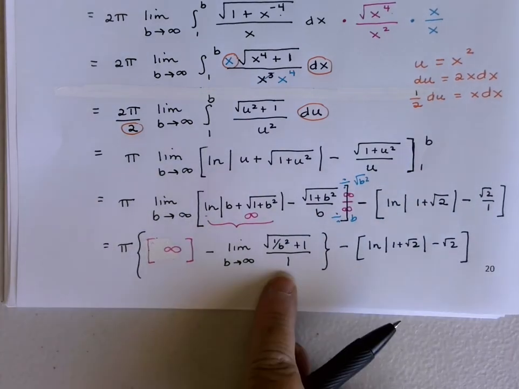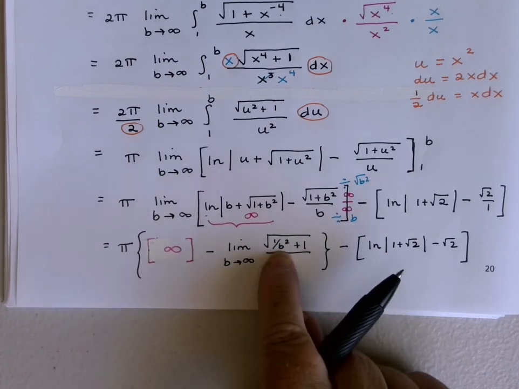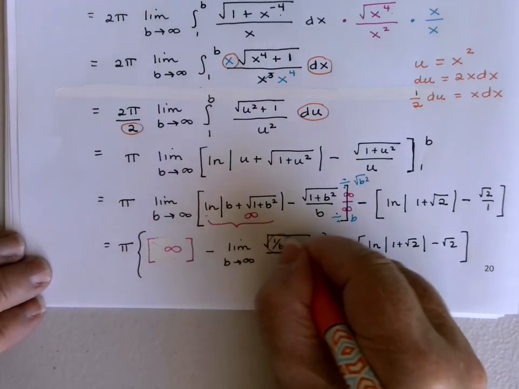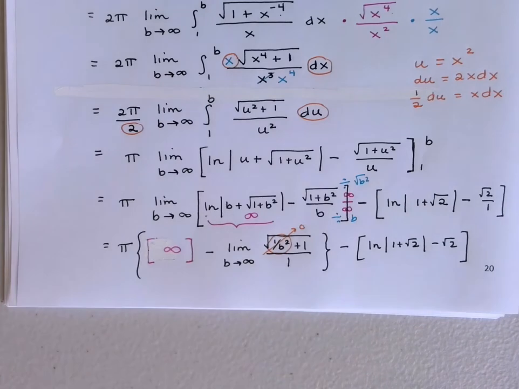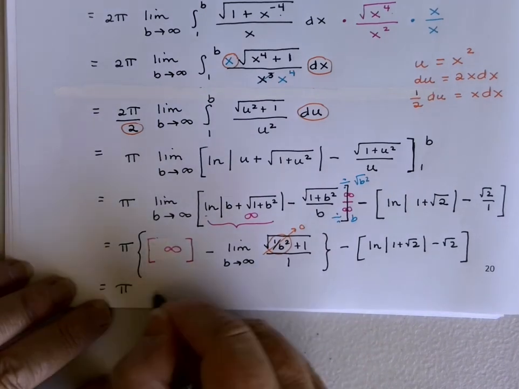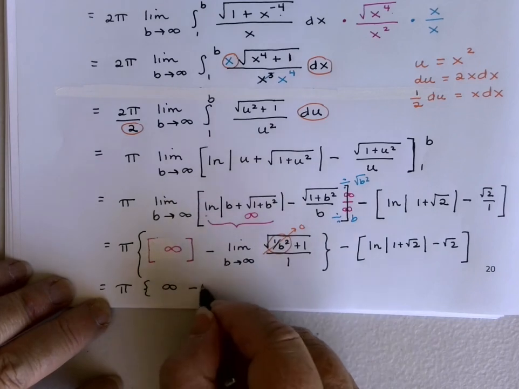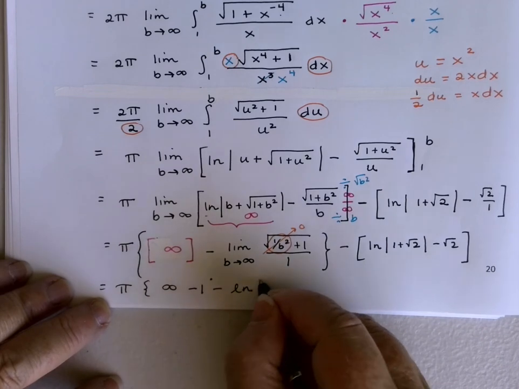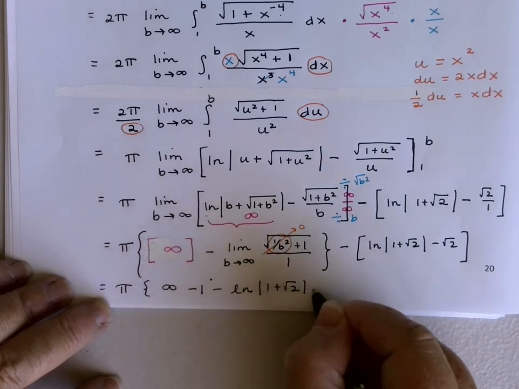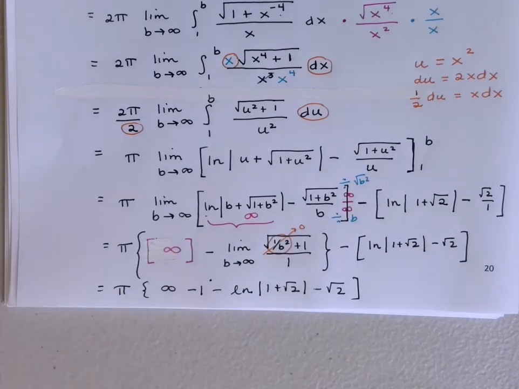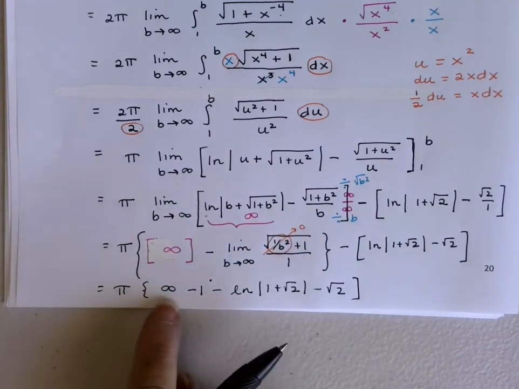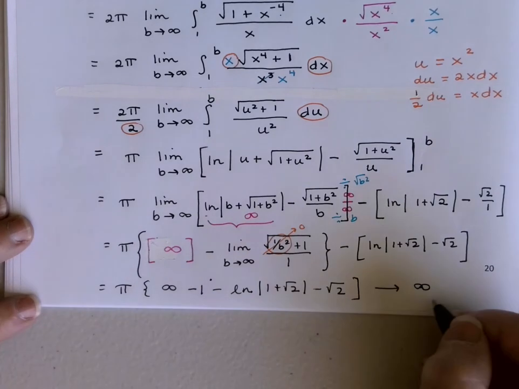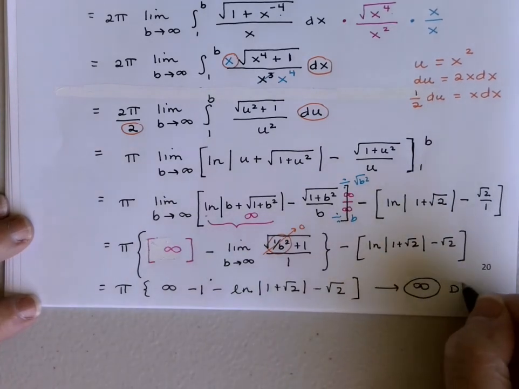This is what? Square root of 0 plus 1? So I just have 1. So I end up with pi times infinity minus 1 minus the natural log of 1 plus the square root of 2 minus the square root of 2. Looks like a mess, but the good news is infinity minus anything is still infinity. So this limit is infinite, and this diverges.